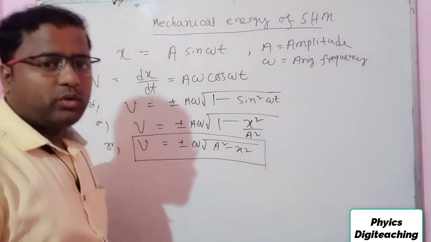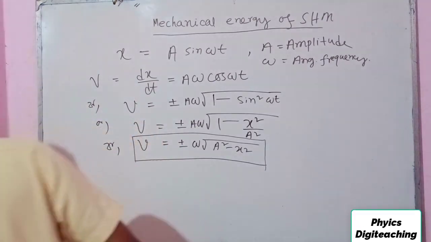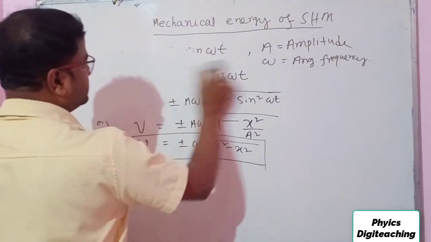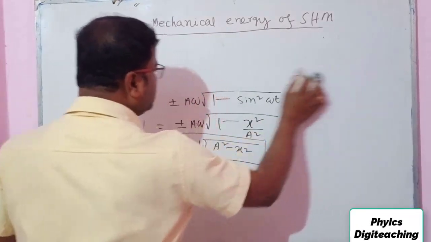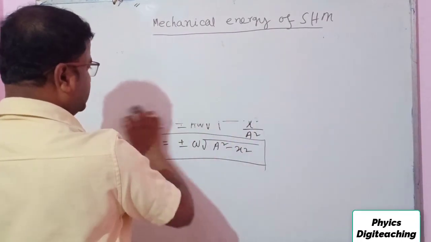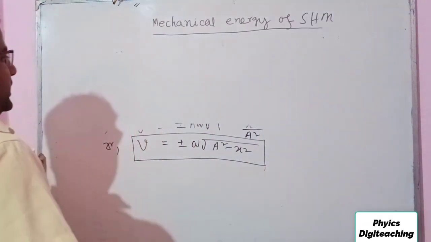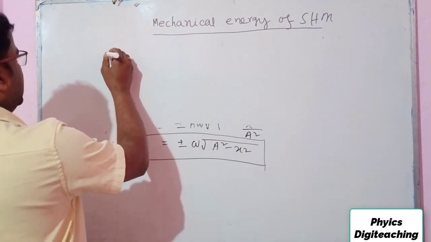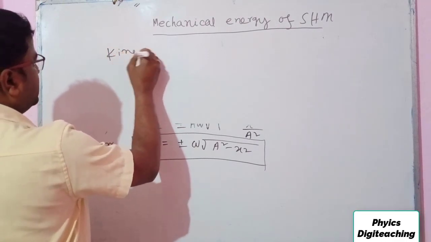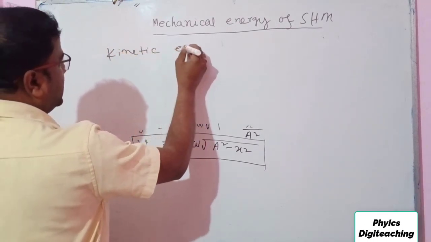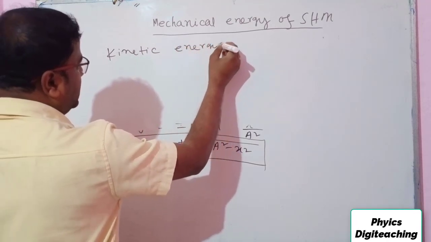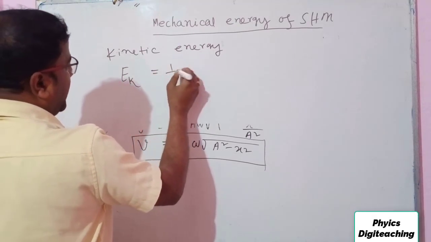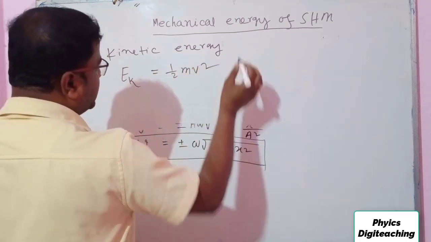Now we calculate the kinetic energy. If m is the mass of the particle, then kinetic energy EK we know is half m v square.